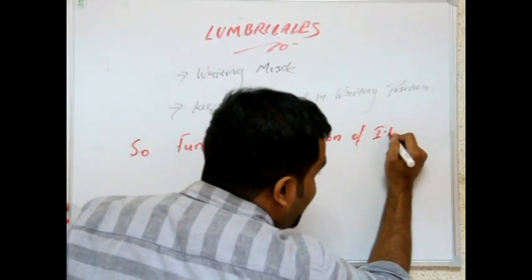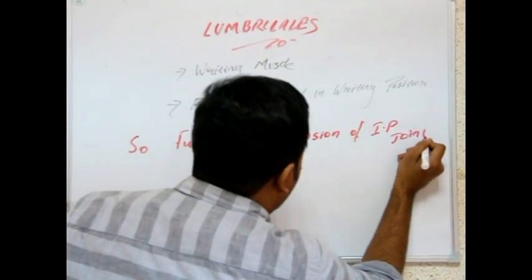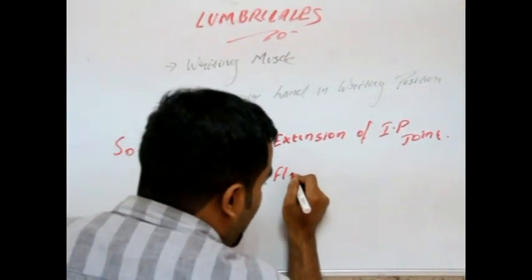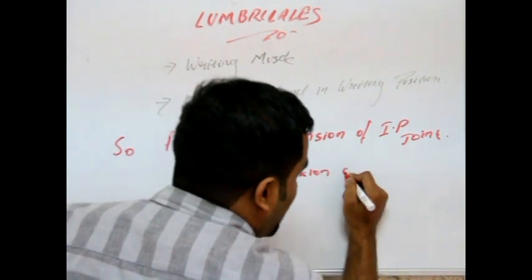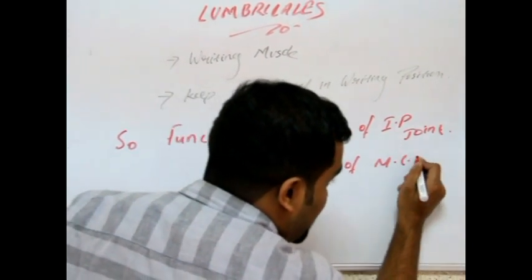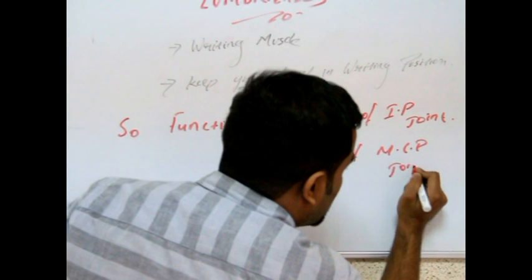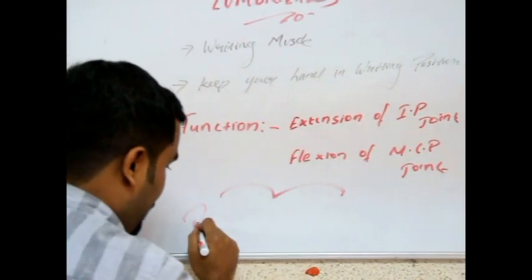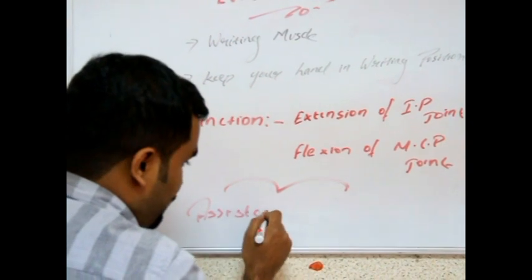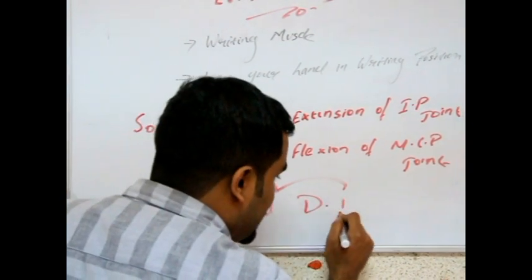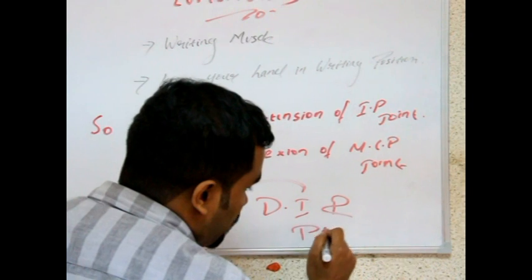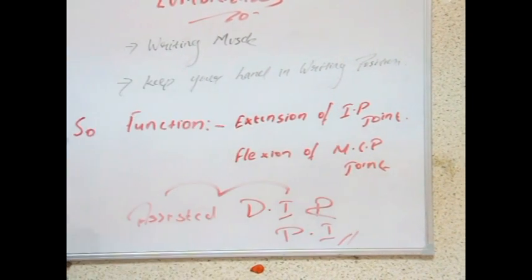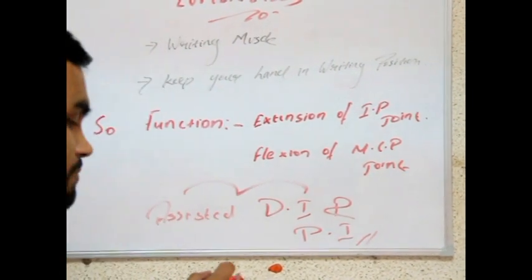IP means interphalangeal, and flexion of the metacarpophalangeal joint, flexion of the MCP. MCP means metacarpophalangeal joint. And this function is assisted by the dorsal interossei, that is DI, and the palmar interossei. Okay? Clear? So this was the third intrinsic muscle.